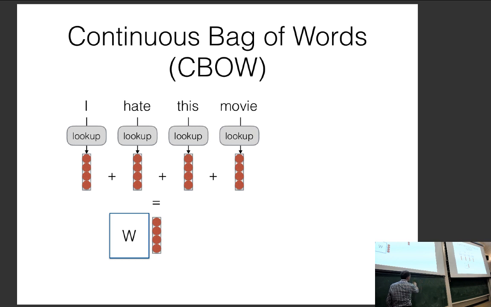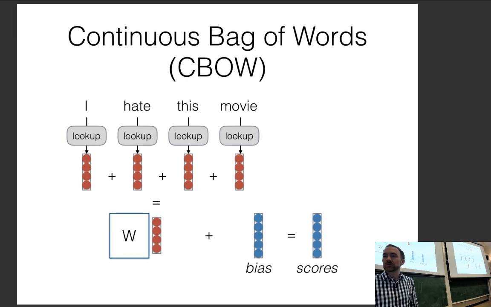So actually, this should be wide and not long. And then this gives us a vector of scores. So the size of the vector of scores would be equal to 5, right? So then we take this, we add a bias also equal to the size of the scores, and calculate scores, which we can then feed into the softmax.